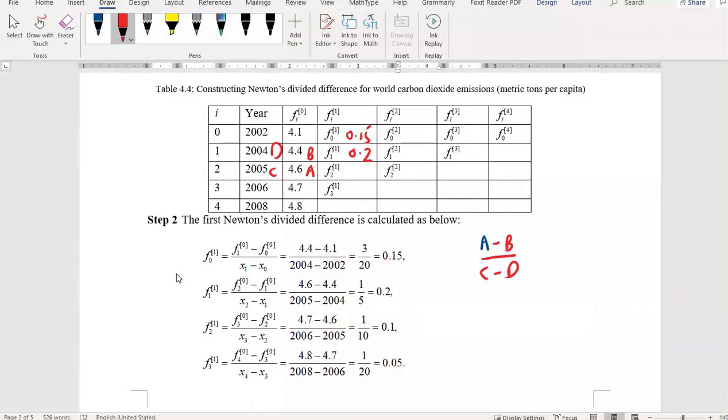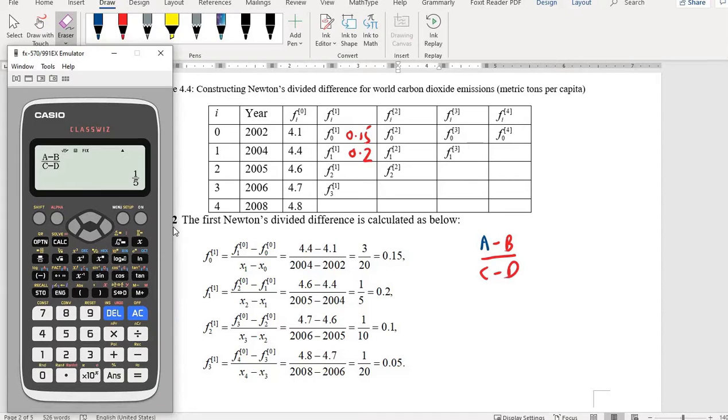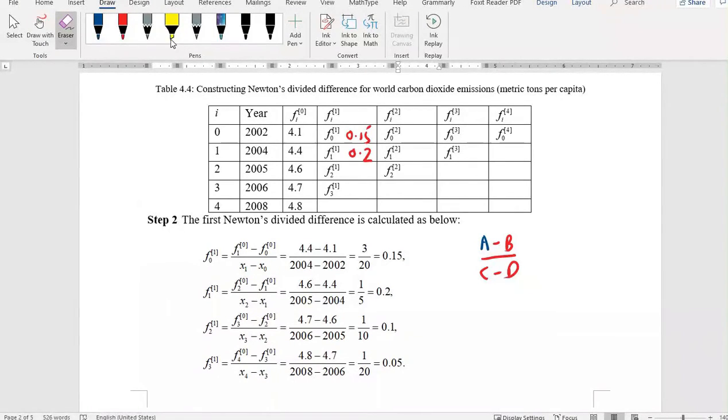To calculate F21, move down your ABCD values again. This is A, B, C, D, because F21 depends on, take the bottom minus the top.